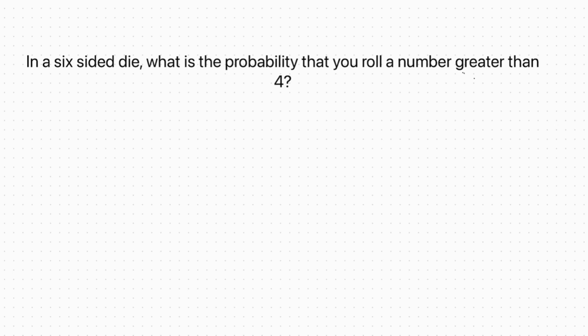All right, our next problem is: in a six-sided die, what's the probability that you roll a number greater than 4? This problem's pretty much like the first problem. We can start off by writing the numbers 1, 2, 3, 4, 5, and 6. They're asking for the probability that you roll a number greater than 4.